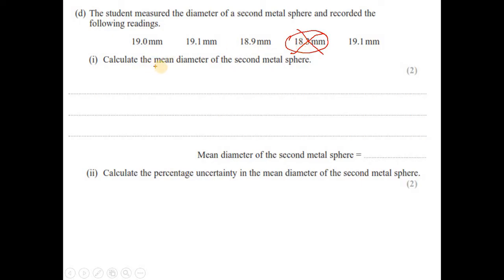So to find the mean, it is 19.0 plus 19.1 plus 18.9 plus 19.1 again, divided by 4. Remember, not 5. We have 5 readings, 1, 2, 3, 4, 5, but we have discarded this value.